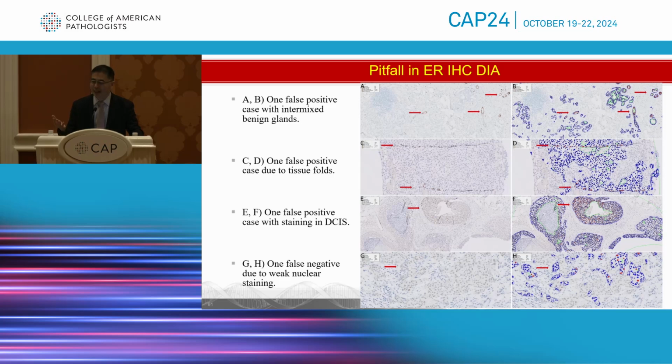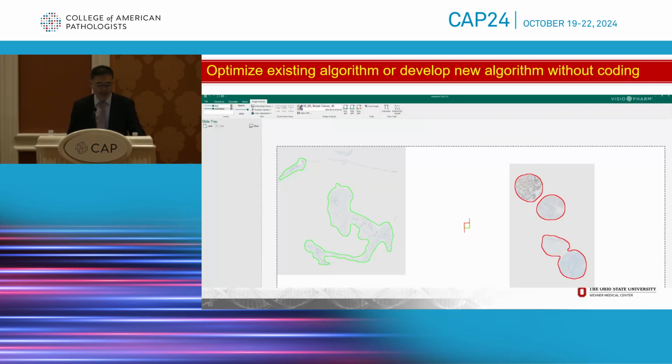The third one, again, DCIS and invasive carcinoma. This is a challenge for the algorithm to recognize and differentiate in situ tumor from invasive tumor. The last one, I think, is a false negative case due to weak nuclear staining. But after we adjusted the threshold, you can still recognize the positive staining there.